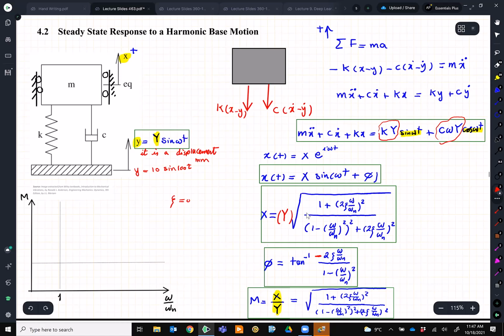At the beginning, it is 1, right? This value is 1, and it goes to infinity. And then when omega over omega n goes to infinity, it comes back to 1, I believe. Let's double check. Yes, it comes down to 0.